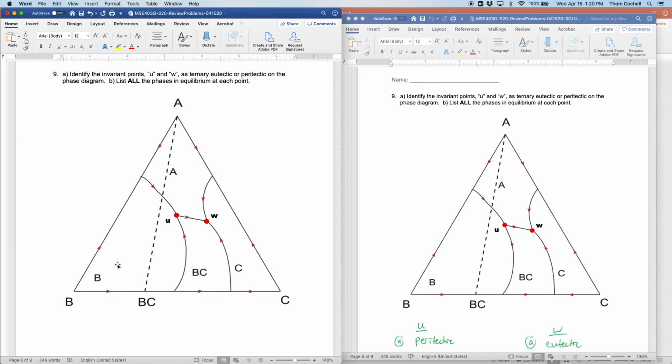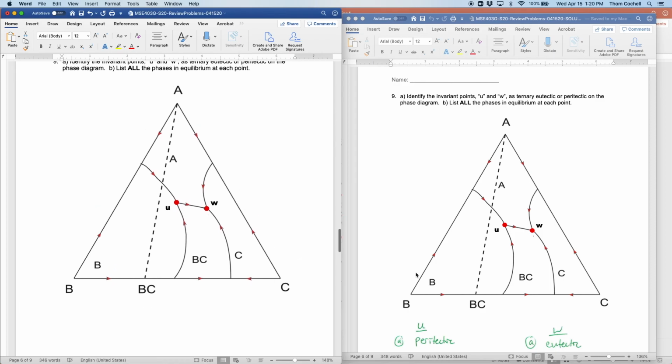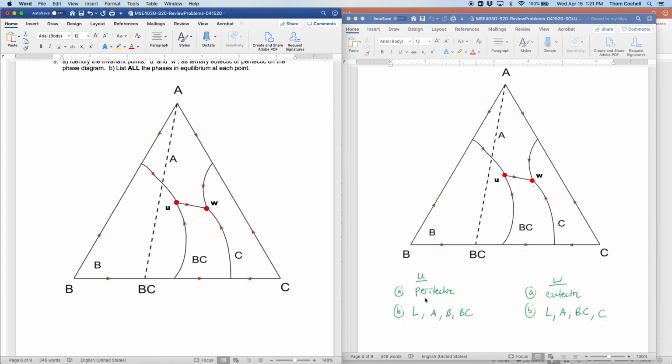So you can do it either way. If you have arrows, you can use those. If not, use the compatibility triangle method. So otherwise, it's going to have you determine the phases present for that. And so that is going to be listed here. So both of them will have liquid. And then in this case, they both have 3 solid phases.